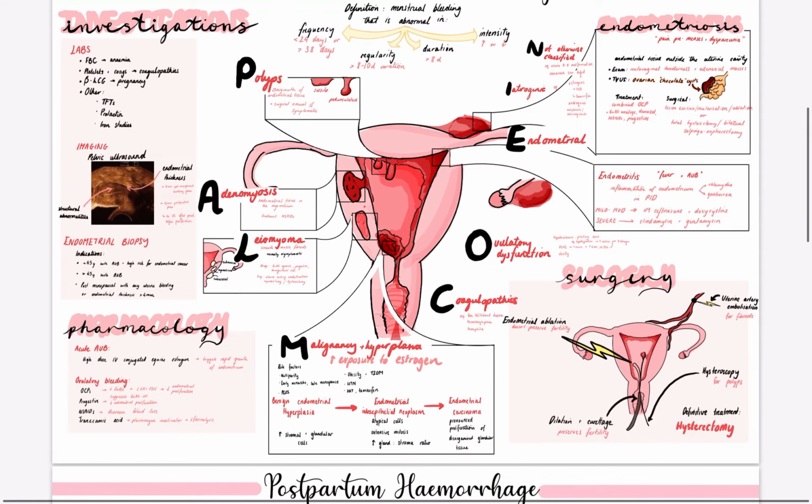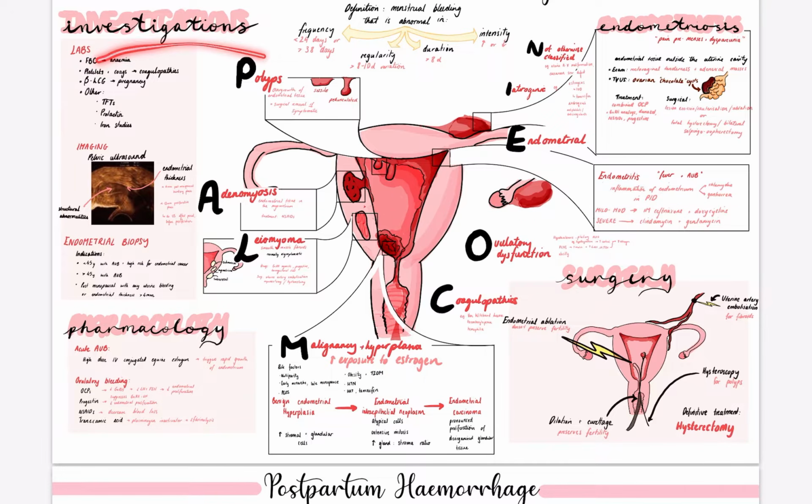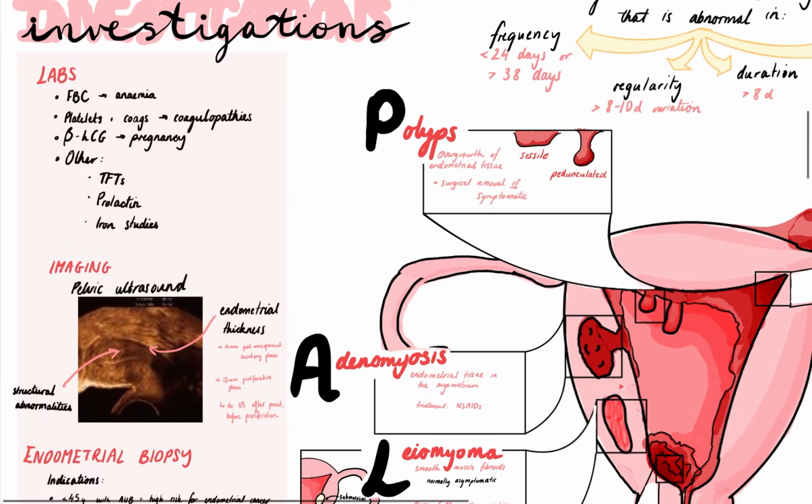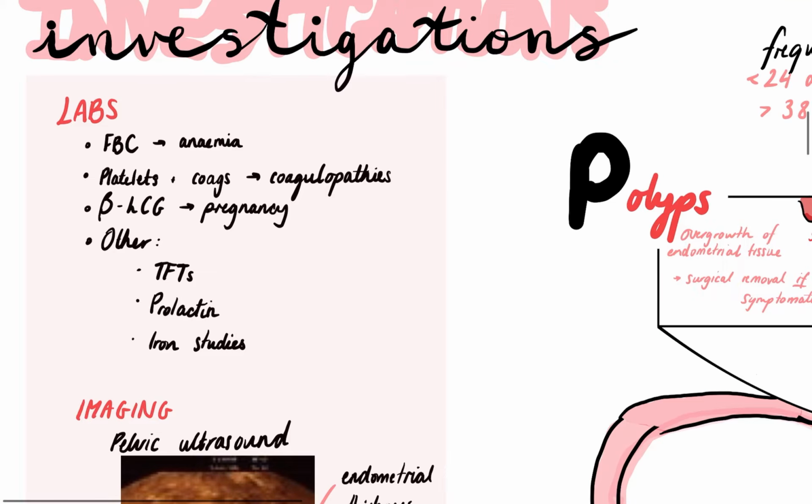Now, just quickly, I'm going to go through the investigations, the drugs that we use, and the surgeries that can be used to treat abnormal uterine bleeding. If someone came in bleeding abnormally, as defined here, we would run a bunch of tests.